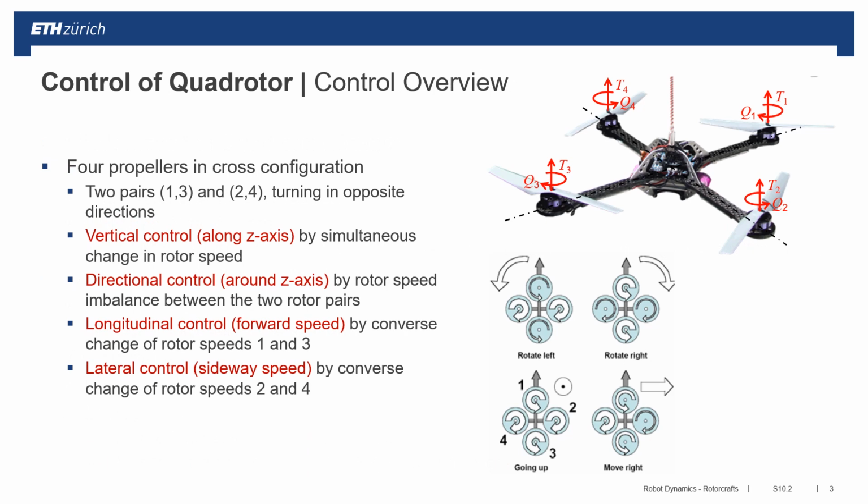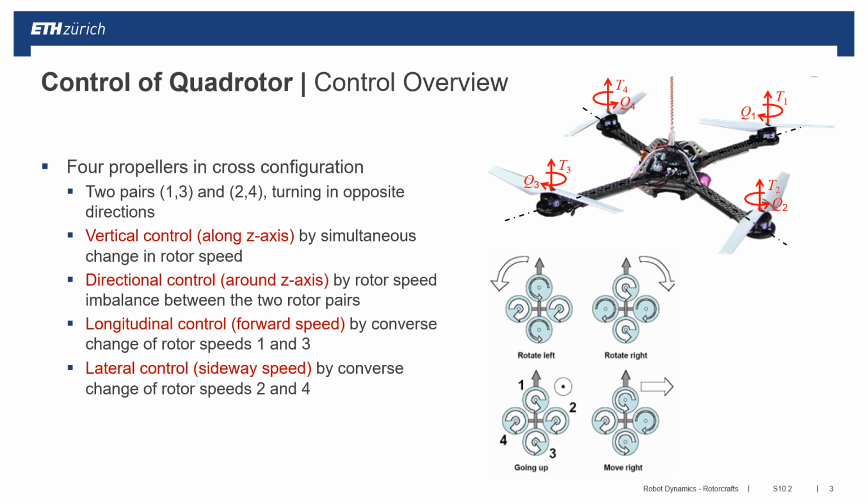As we have already seen in the analysis of the dynamic model of the quadrotor, the whole system becomes quite decoupled along the different axes when we are close to hover with small attitude angles. In this context, it's also very obvious that we can intuitively understand how we might control a quadrotor in a simple way.